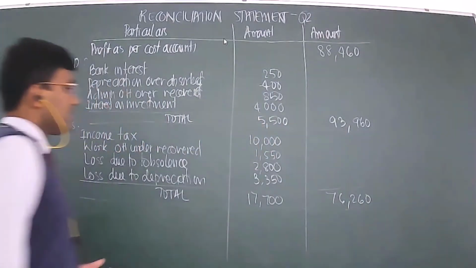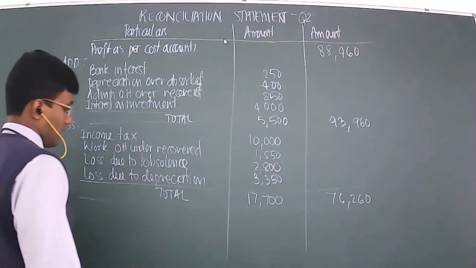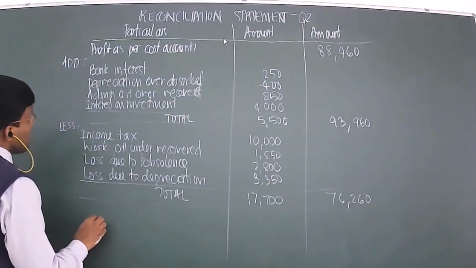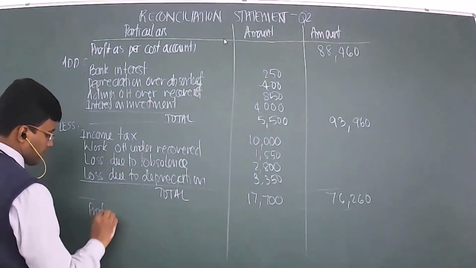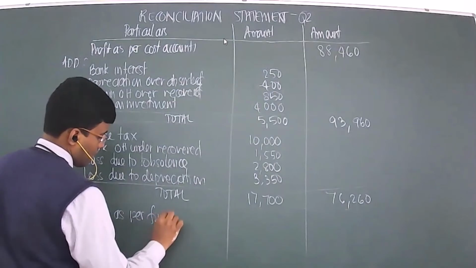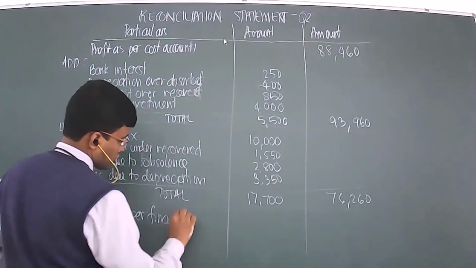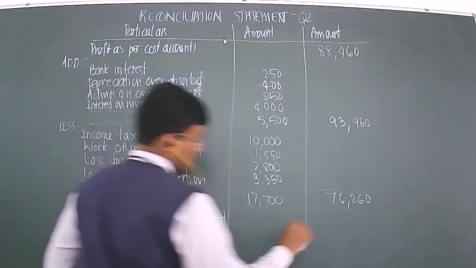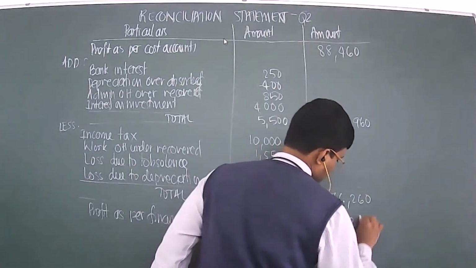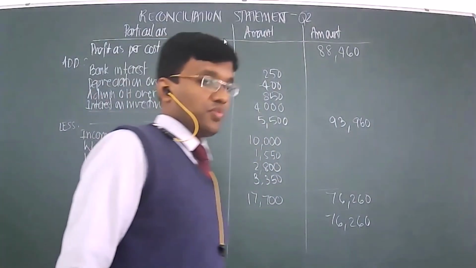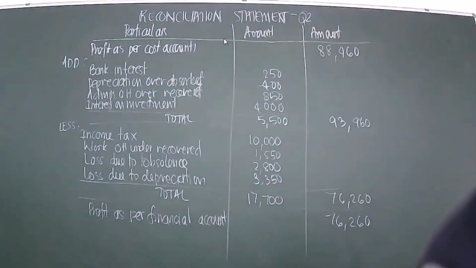Now, what is the significance of 76,260? This is the profit as per financial accounts, 76,260. So with that, we've completed the preparation of this reconciliation statement as well.